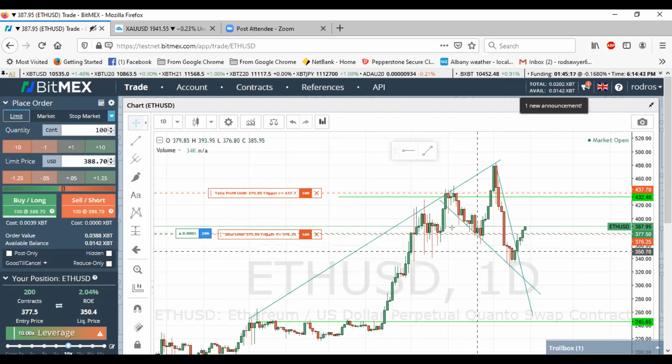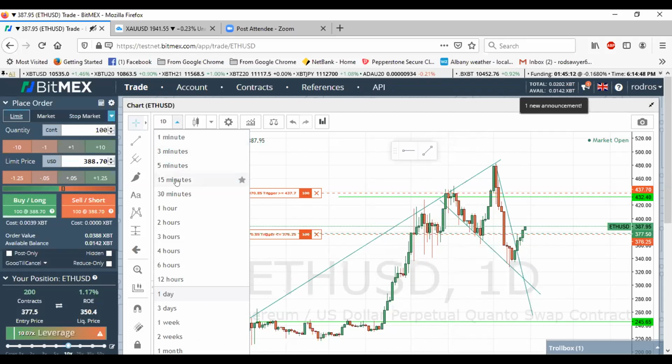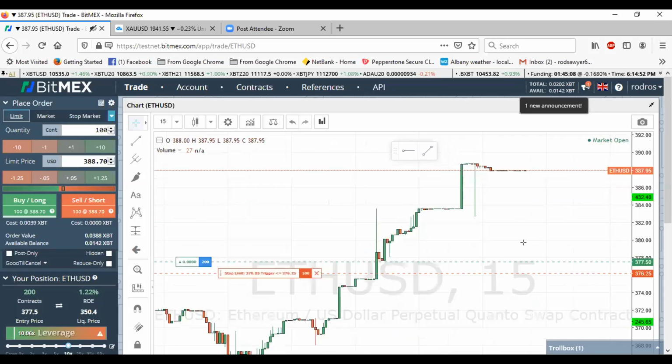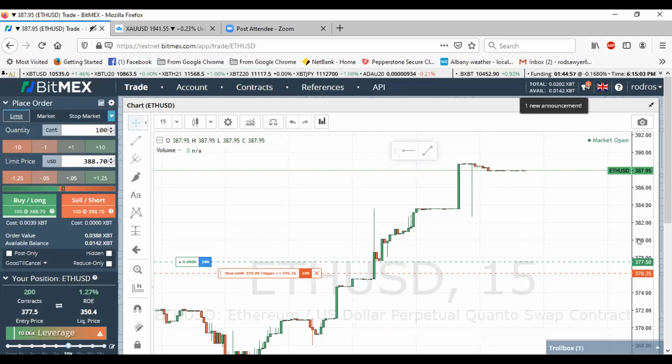Okay, it's a bit hard to see when you're on a daily chart, so if we jump down to 15 minutes. Because I also moved my stop loss up above the original trade line, and I would have thought it might have hit that by now. No, we'll see here. That's your trade line where it says 200. Yeah. And this is your stop loss just below it.